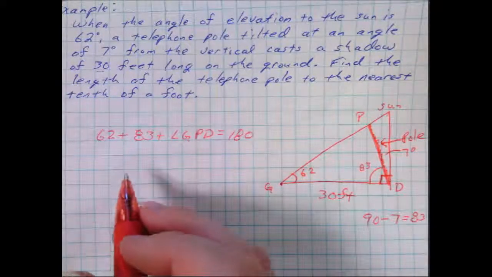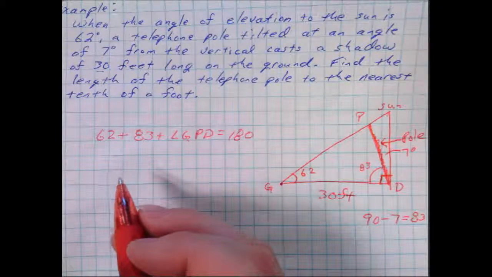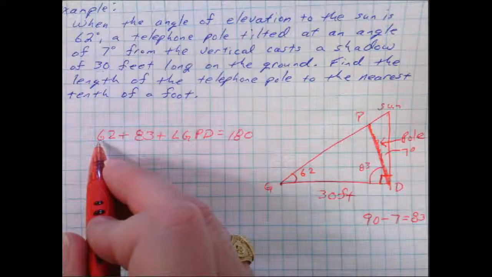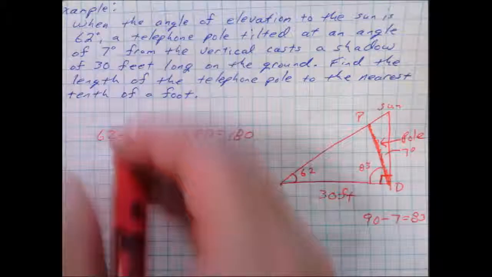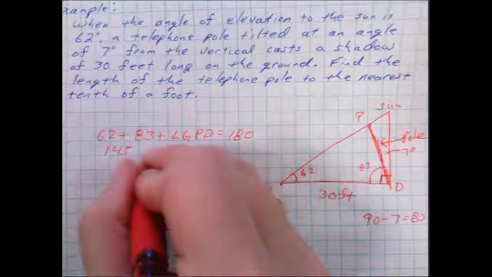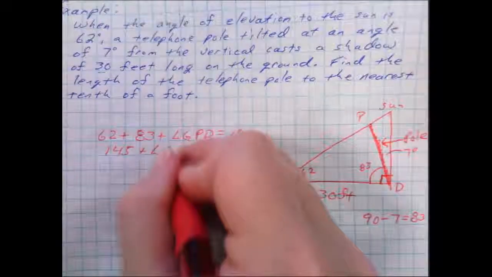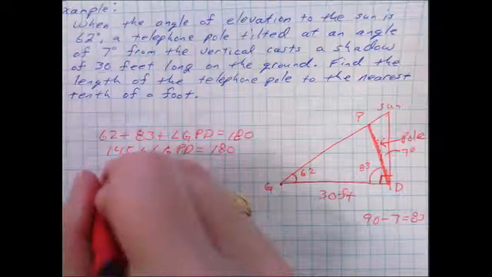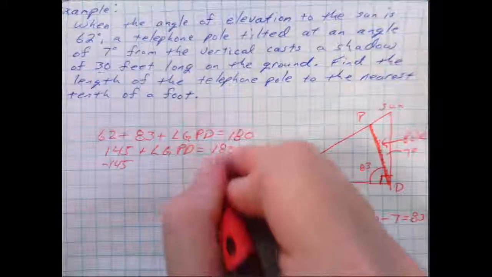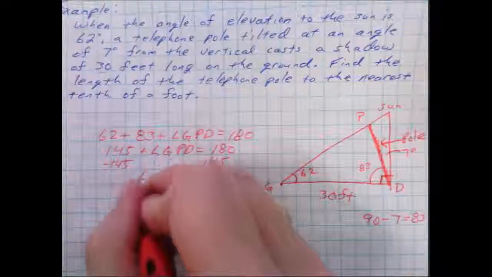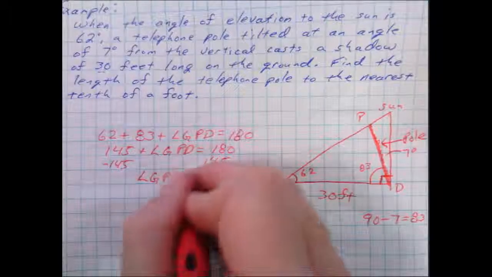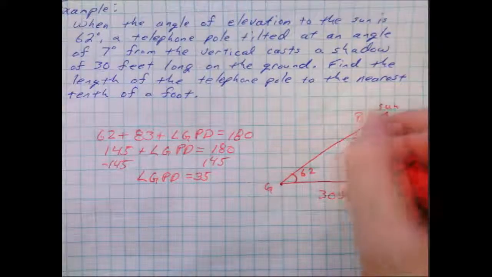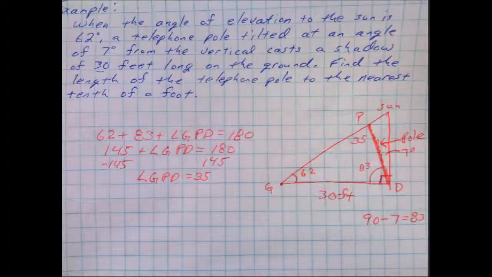So then we add those together. 80 plus 60 is 140, so 145 plus angle GPD equals 180. So we're going to subtract that 145 from both sides. So angle GPD equals 35. So this is 35 degrees.